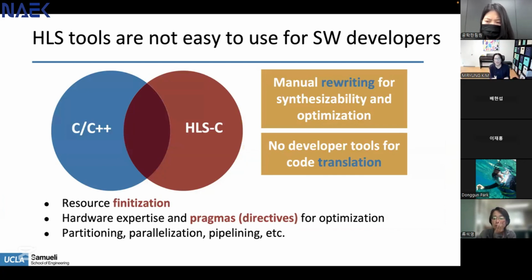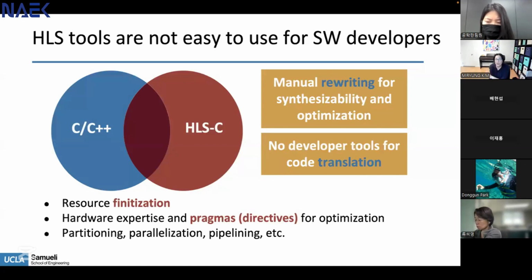To get the best performance out of these compilers, you have to be very careful about declaring pragmas or directives to guide them on how to optimize. You also have to think about partitioning, parallelization, and pipelining. Not many people have this type of knowledge, and it requires significant microarchitecture-level analysis to be able to program with this high-level synthesis tool.